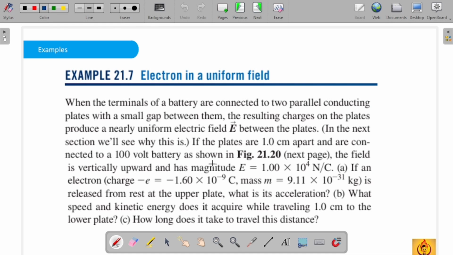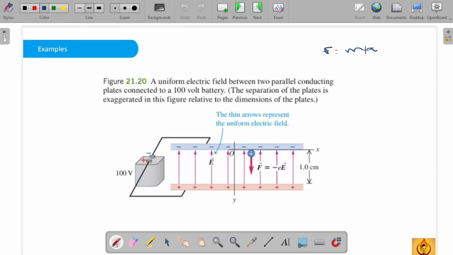So we need to find the acceleration. In order to find the acceleration, we need to find the force. So let's find the electric force. The formula for the electric force is k Q1 Q2 over r squared. But now we don't have this many charges.